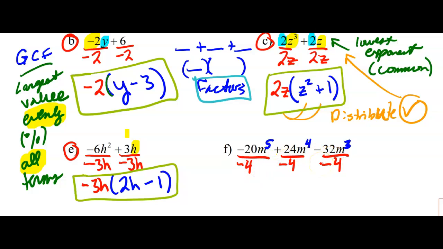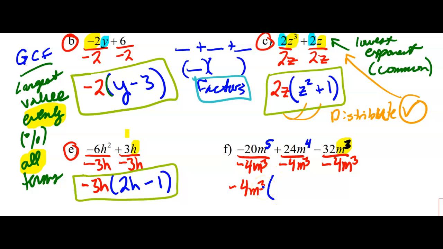Looking at my exponents on m, m to the 3rd is the smallest one, so all of these should have at least that. That's the one I'm going to put as my GCF. So my GCF is negative 4 m to the 3rd, and then I divide each term.